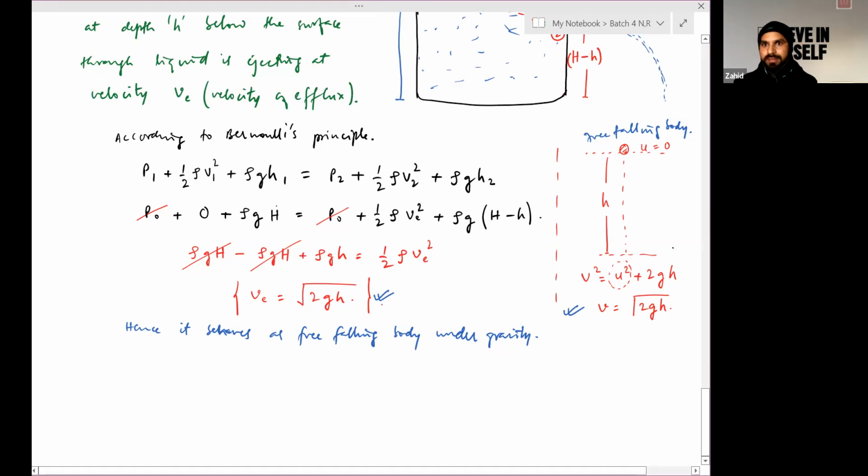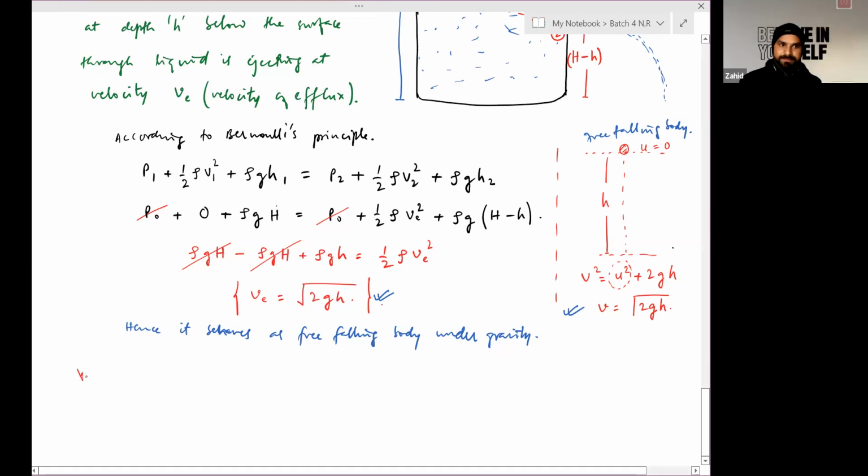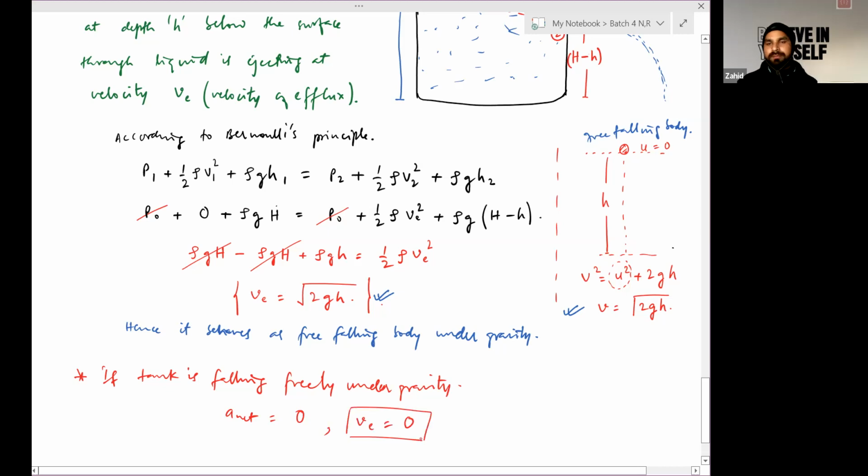Suppose the tank is falling freely under gravity, in that case, the net acceleration of the body will be 0. So the velocity of efflux will become 0. So there will be no ejection of liquid.